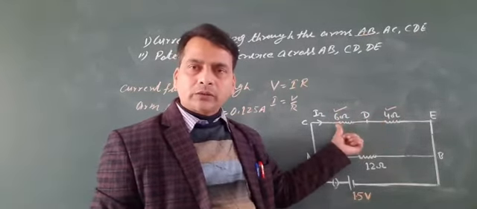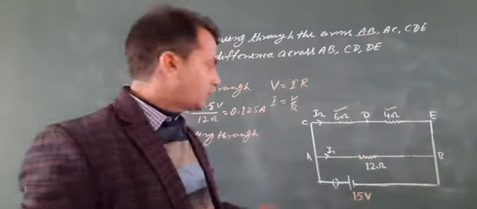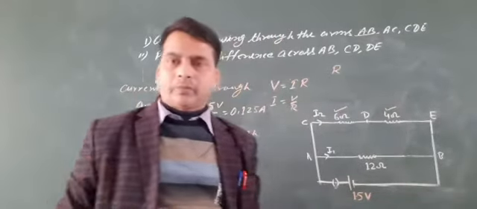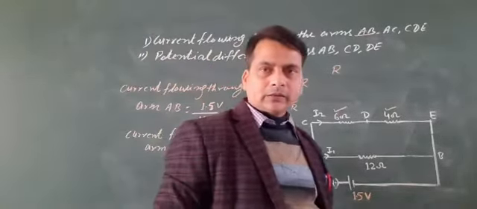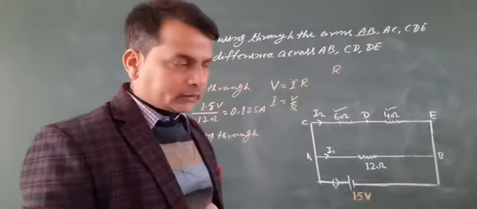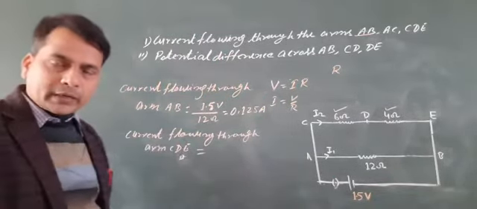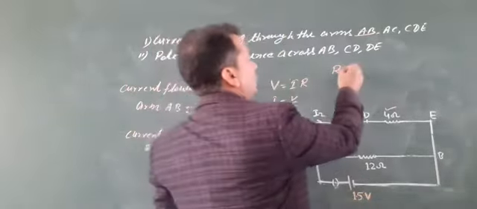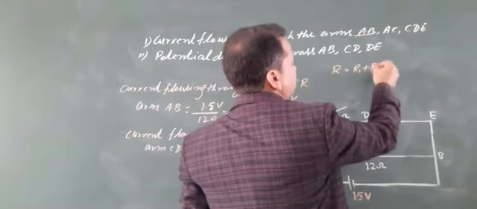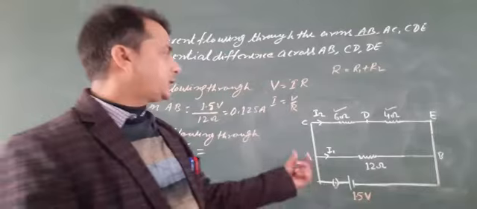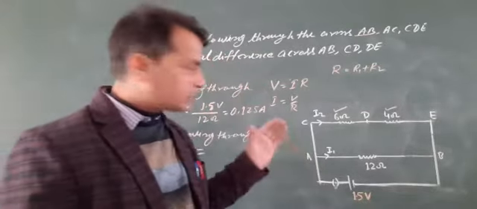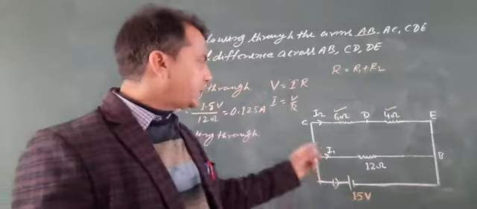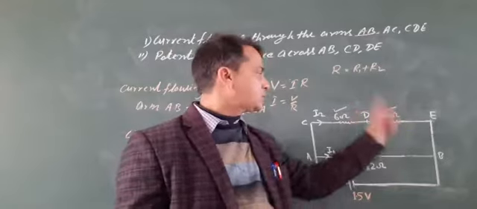The equivalent or net resistance in series is R equals R1 plus R2. So here the equivalent resistance is 6 plus 4.